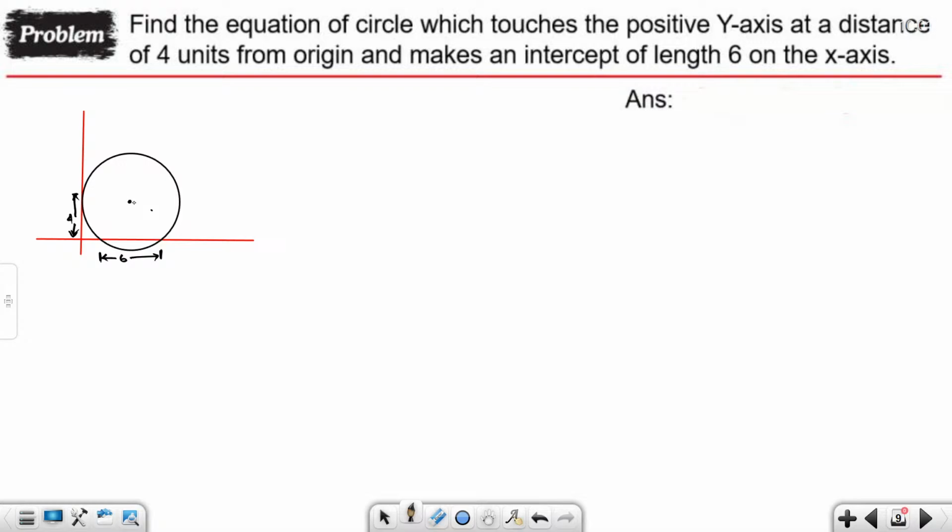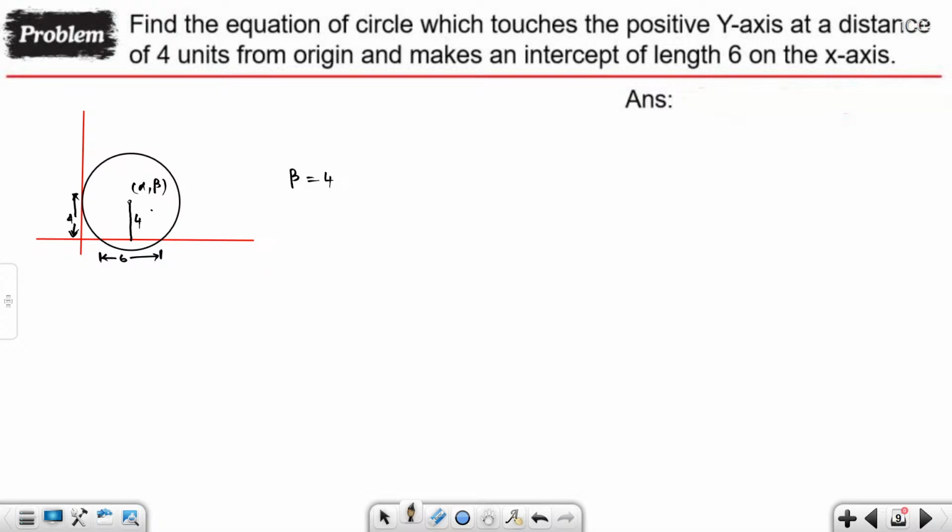So let us say the center is alpha, beta. Now, what is your beta? Here your beta will be nothing but 4, because this length is 4, which is given to us.